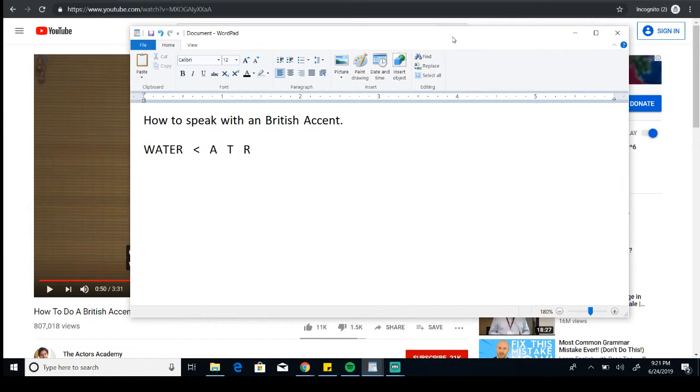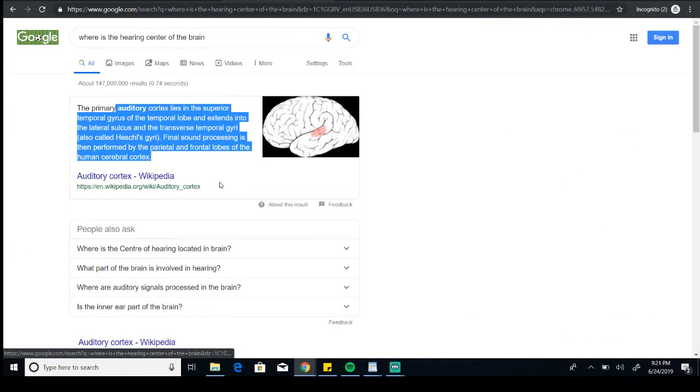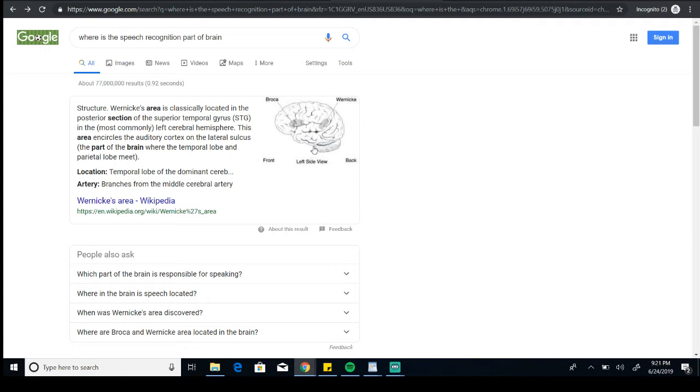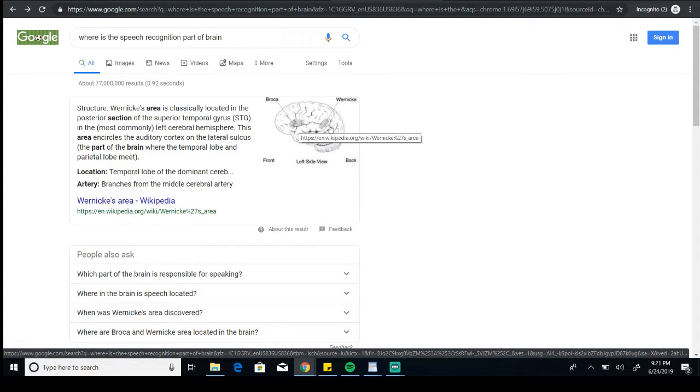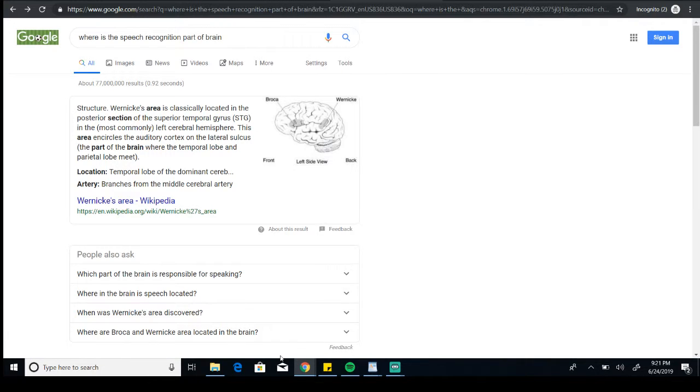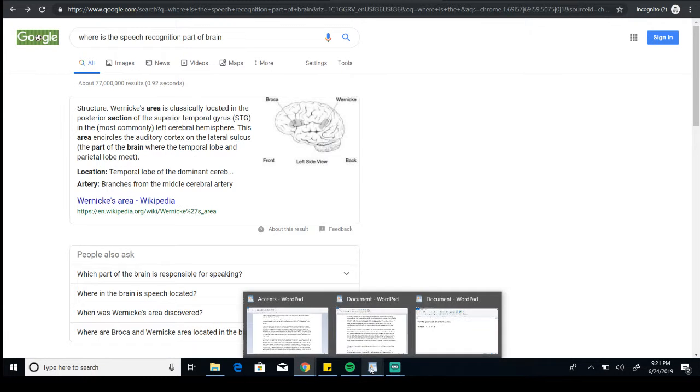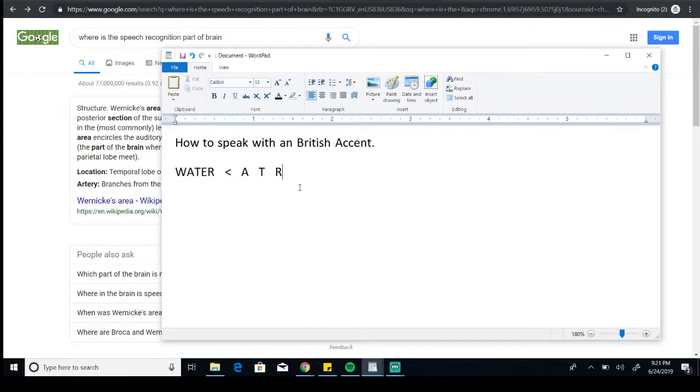If we look at Google and the hearing center of the brain, there it is. And if we look at the speech centers of the brain, it's totally different. I argue that that is the reason why we can instantly recognize a British accent, but we can't speak with it.